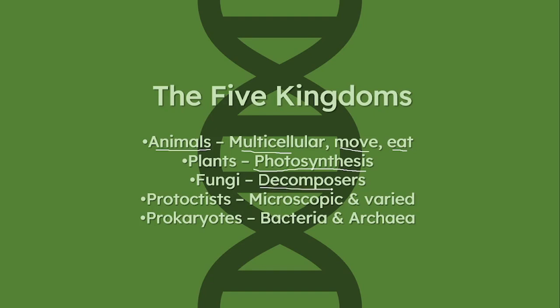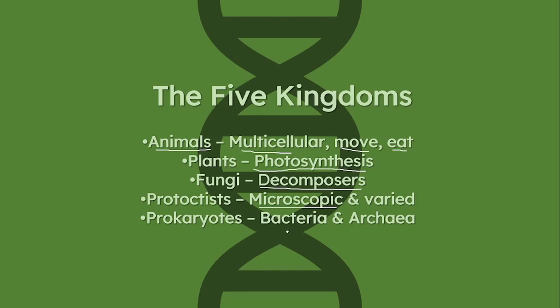Fungi are decomposers. What does that mean? They absorb the nutrients and decompose things. Protists are mostly microscopic, and they can honestly vary a lot. Some of their features can be like animals, and some can be like plants.